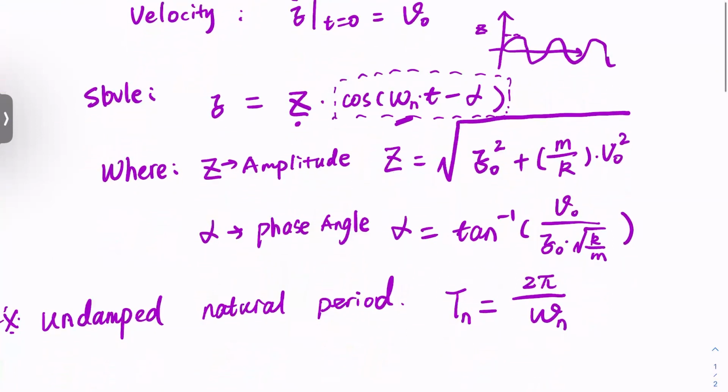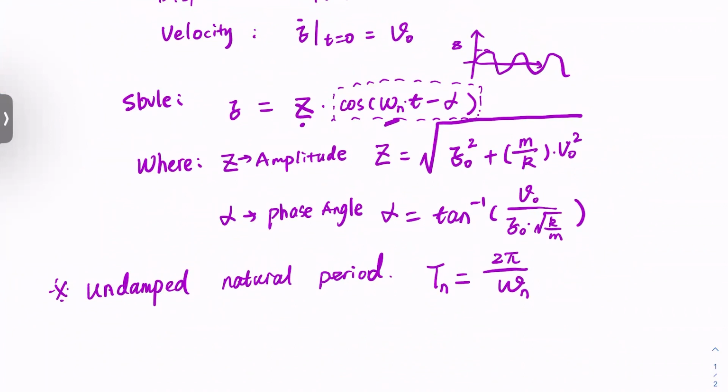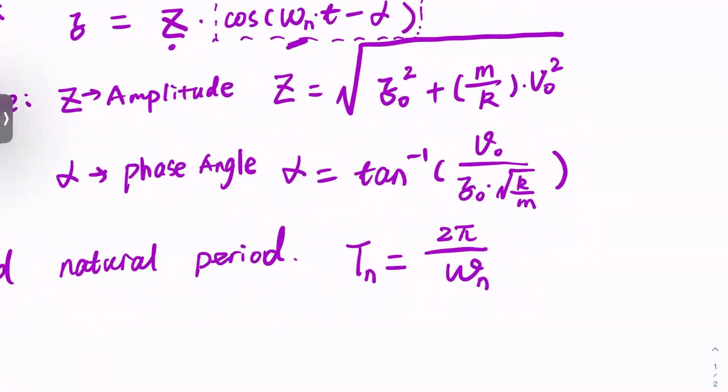The undamped natural period is T equals 2 pi over omega. That is something from probably high school physics, right? 2 pi over omega. And you can check this using units, because the unit of omega n is rad per second, right?